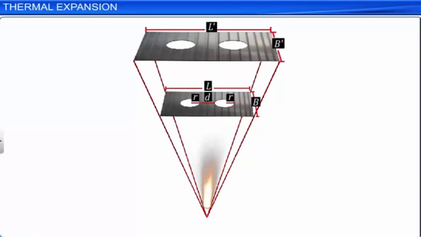The length and breadth of the sheet, radii of all the holes, and the distance between two holes all increase proportionately. Substances that expand at the same rate in all directions are called isotropic substances.